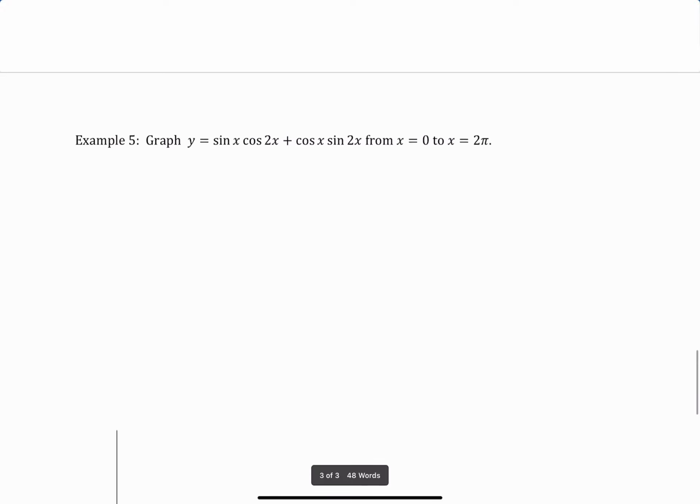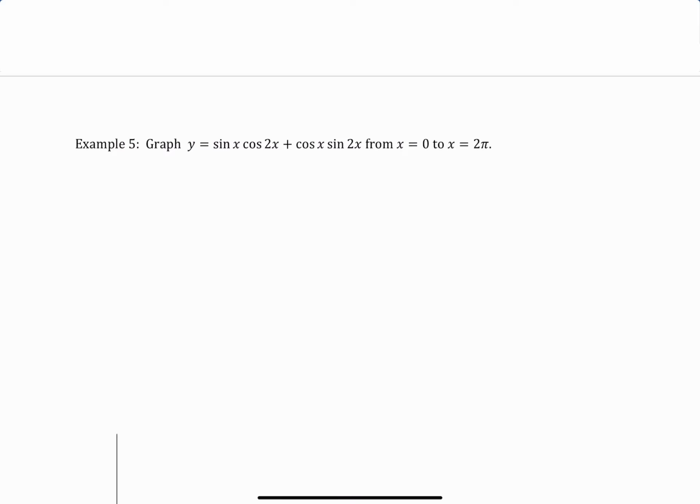But let's notice that this is of the form sine of one thing times cosine of another thing plus cosine of the first thing times sine of the other thing.